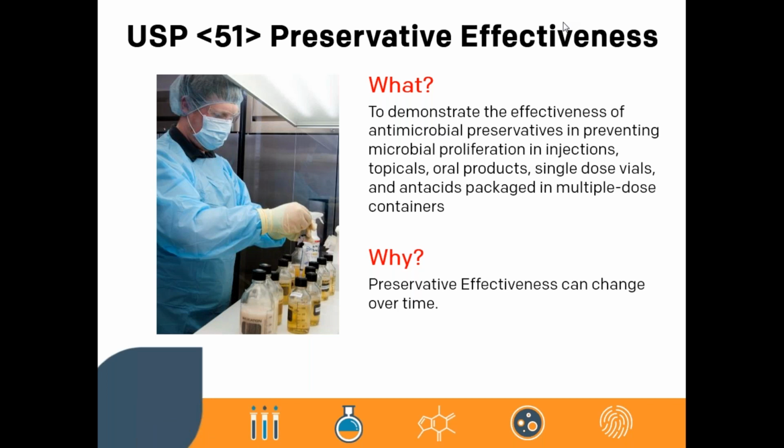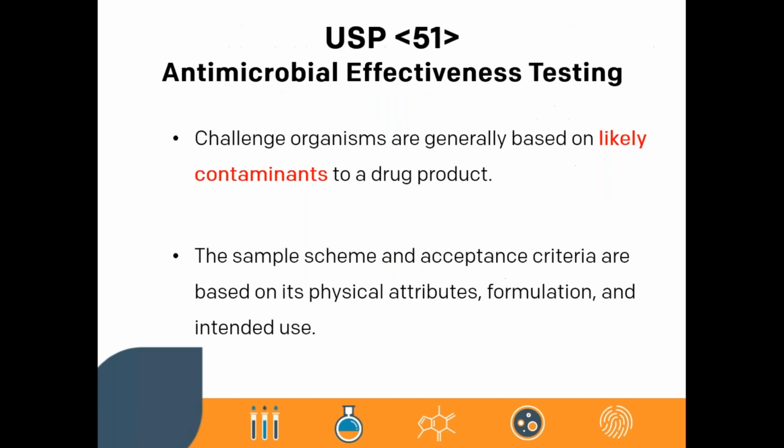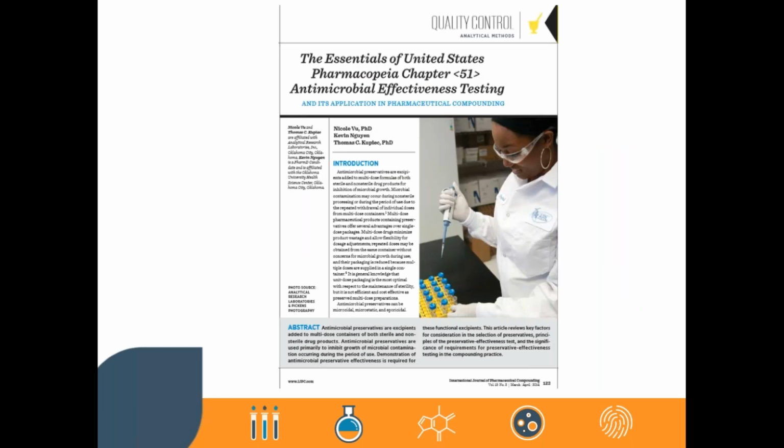The antimicrobial effectiveness test, USP 51, has four product categories that determine the acceptance criteria, and these are based upon the route of administration and the product type. And this is an article that's published for 51 for you.